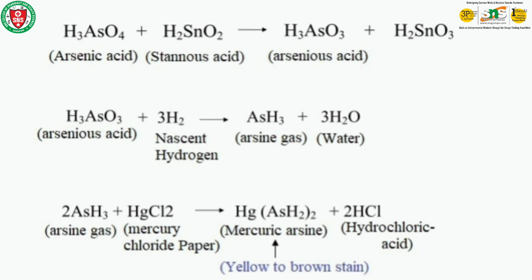This gas is formed because of the formation of nascent hydrogen, which is produced as a result of the reaction between zinc and hydrochloric acid. This nascent hydrogen is nothing but hydrogen that is freshly produced at the reaction site itself. This nascent hydrogen reacts with the arsenite to form arsine gas.